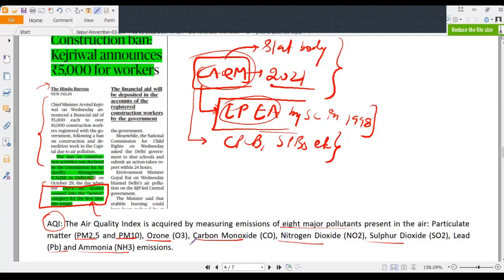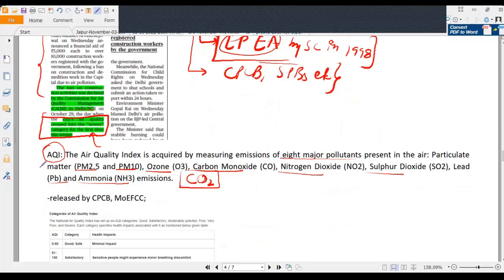As you can see, no CO2, that is carbon dioxide, is present for measuring the air quality. Now this air quality index is released by Central Pollution Control Board, Ministry of Environment, Forest and Climate Change.